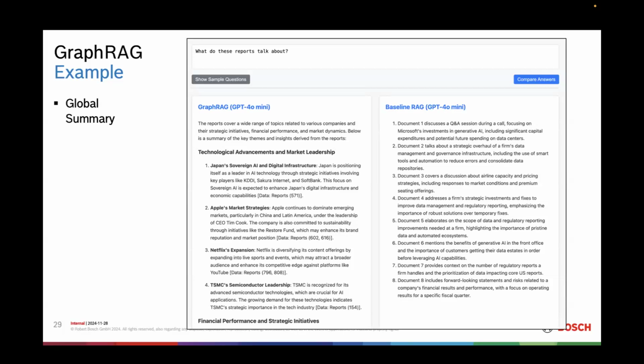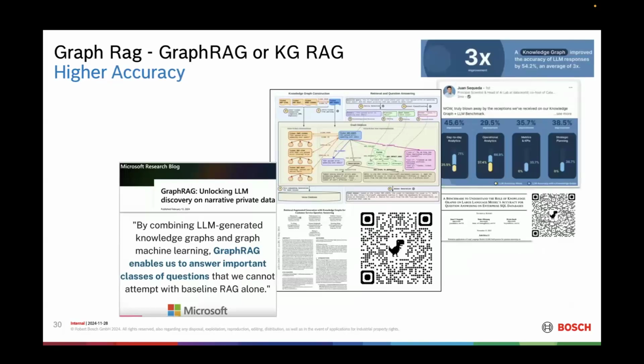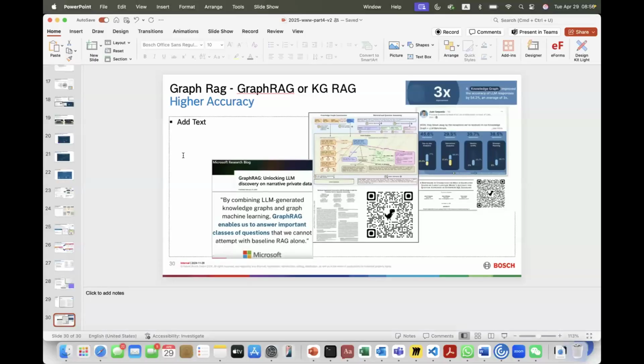Then there were also a number of studies that show how the accuracy goes up dramatically, from Microsoft, and I think this work was from Facebook and other authors.